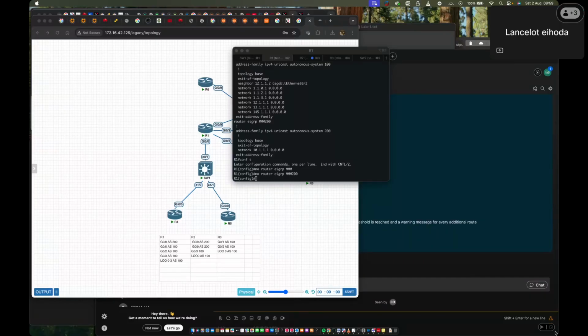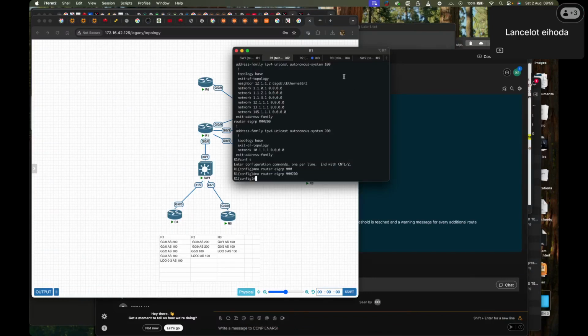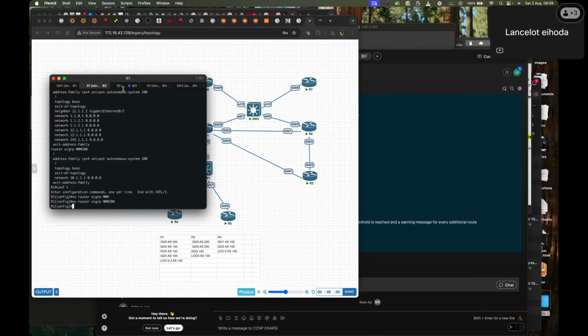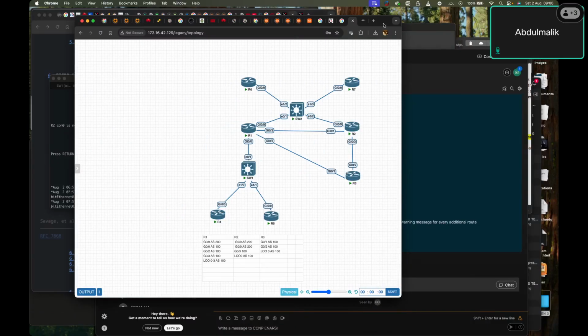Are we there yet? Okay. We can see the topology. Okay, now it's very fine.